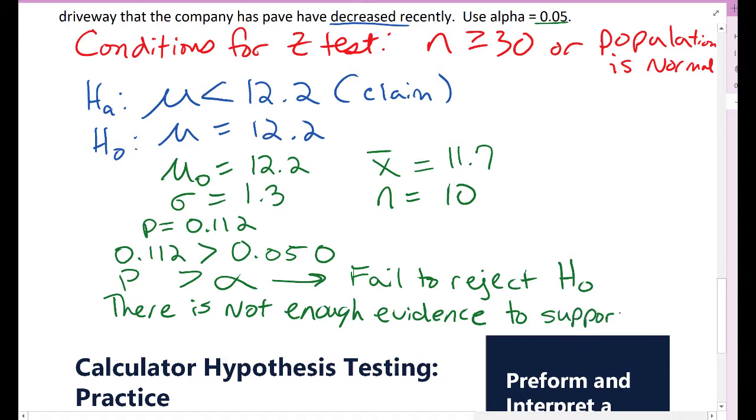Okay, watch the previous video if you forgot how to make that interpretation. But there we go. So as you can see, the calculator greatly improves the time it takes for us to calculate the p-value. But you still have to know how to write your hypotheses. You have to understand what goes where, and then you have to know how to make your own interpretation.